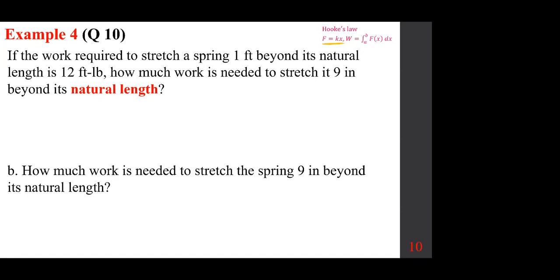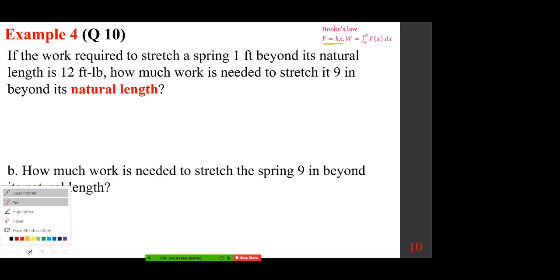How much work, and again, the formula is W equals the integral from a to b of f of x dx. So that means if we are going to go 1 foot beyond, this is from 0 to 1. Again, we are using, in this case, the old British system. So the integral from a to b becomes the integral from 0 to 1 of f of x dx, okay?